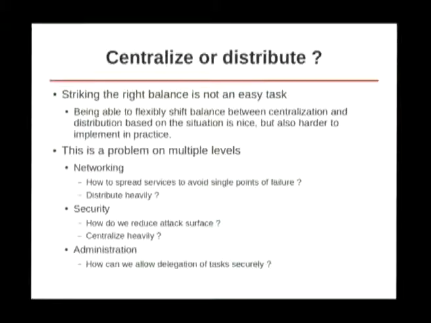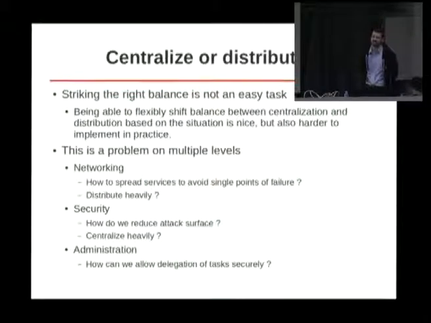And ideally, you would like to be very flexible in how you build a system, so that if the situation changes, you can change the way you manage things. Unfortunately, embedding this flexibility in something that deals with security and with authorization and authentication is not very easy. So there are very hard choices to make, and often they have to be made well in advance when you try to architect things. You cannot make these changes later.